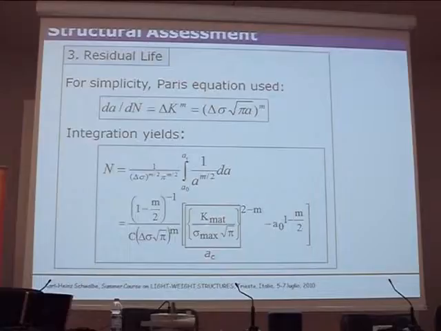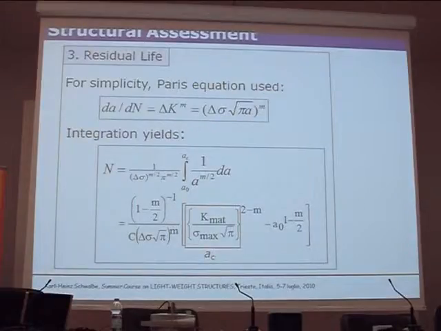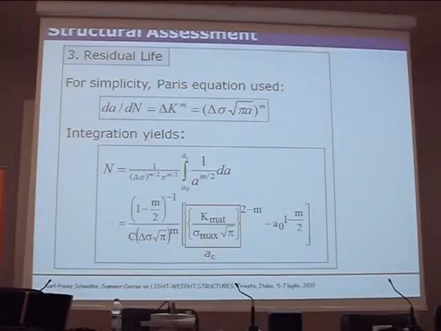We have K matrix, here KC, fracture toughness. Here is the maximum stress occurring in the structure. This is the critical crack size, the upper integration limit, raised to the power of 2 minus m, where m is the exponent of the Paris law, minus A naught raised to the power of 1 minus m. So this is already quite a complicated equation, but it can be managed in a closed-form manner.